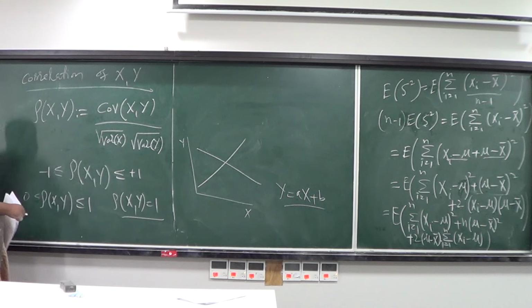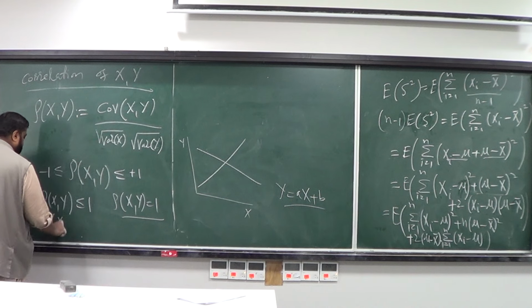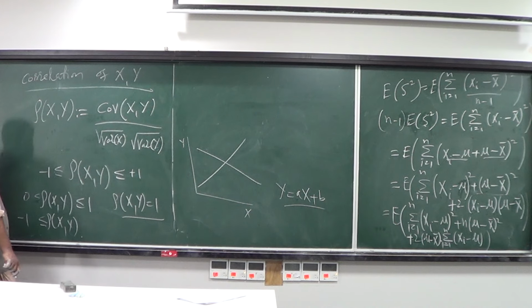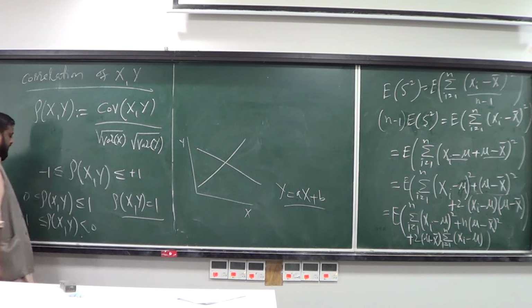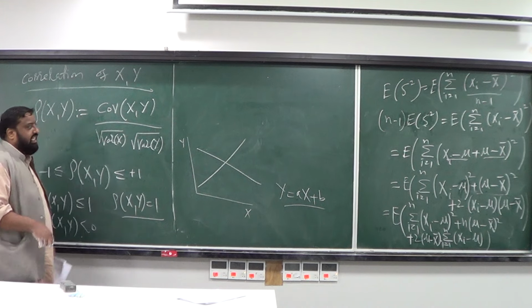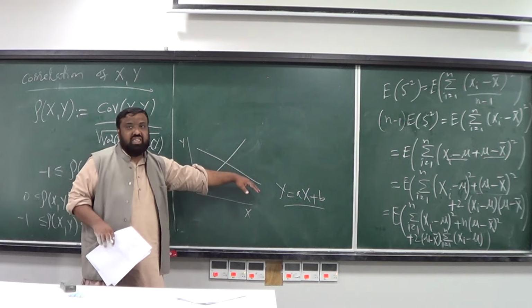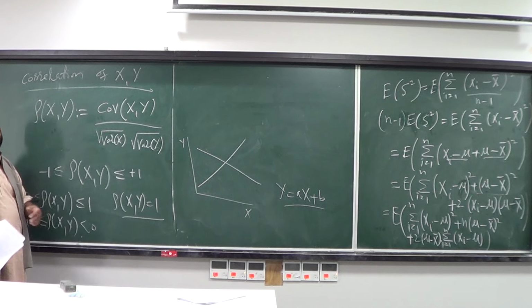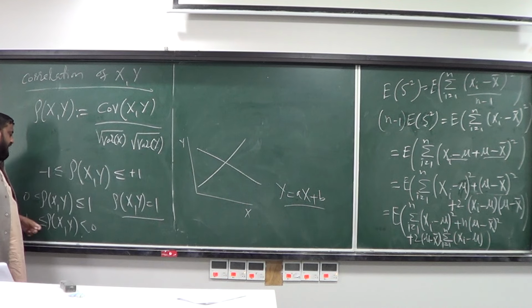And if rho of xy is a number between -1 and 0, you're going to say that yes, x and y are related linearly, but they are negatively related with each other. If rho xy is -1, they are perfectly negatively related.